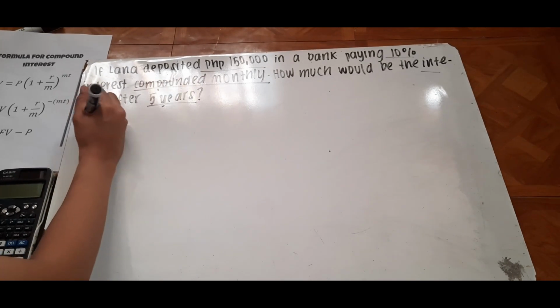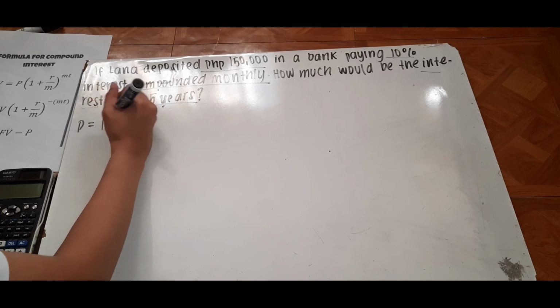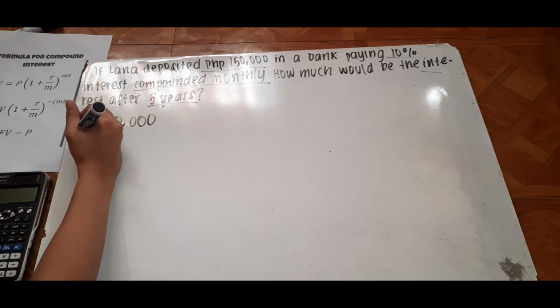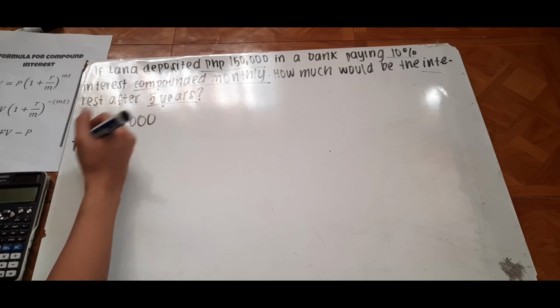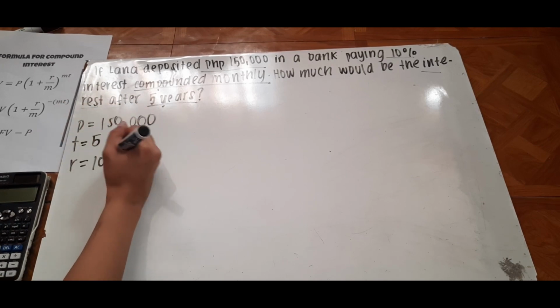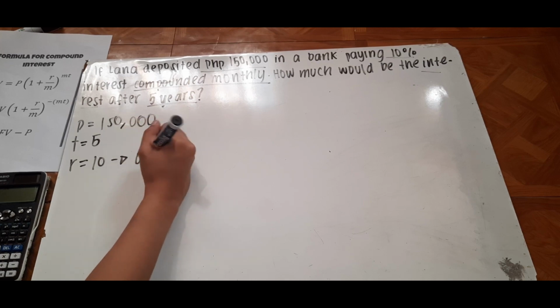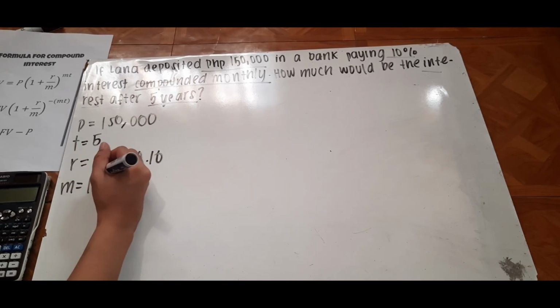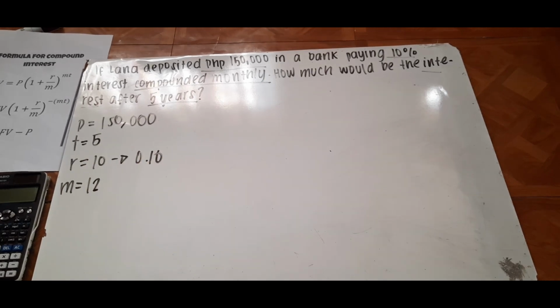So write down all the given. 150,000 is the principal, time is 5, rate is 10, in decimal form it's going to be 0.10, M is equals to 12.